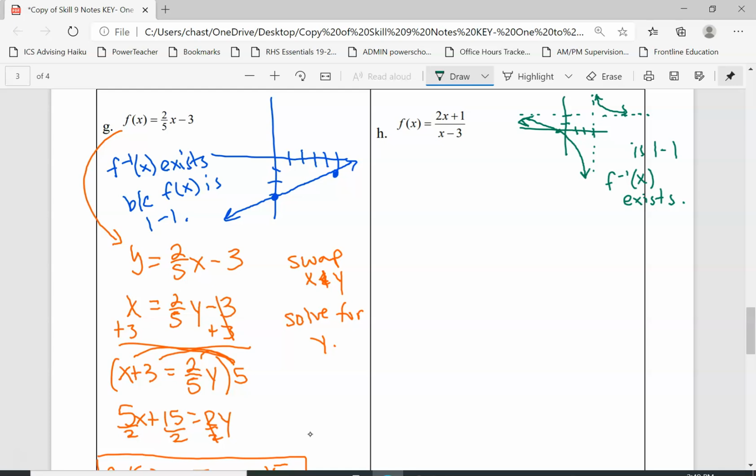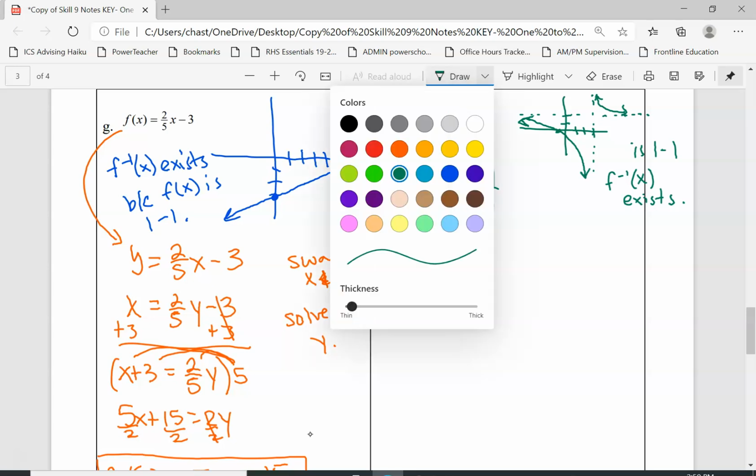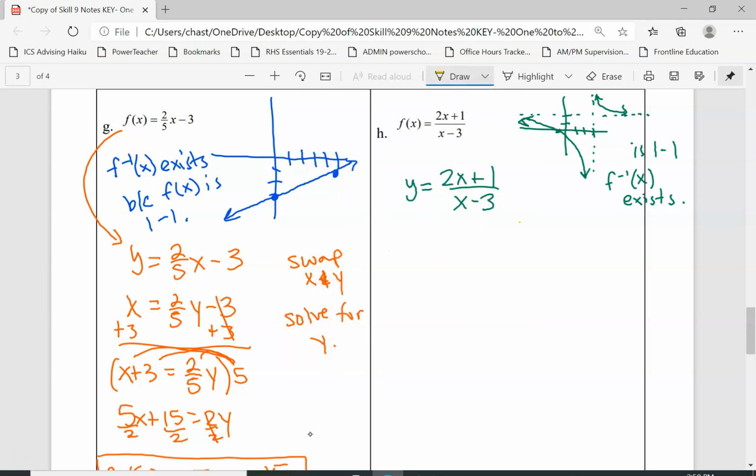Of course, I know you probably don't know the graph for that, but that's okay. What we're going to do is find its inverse. So knowing that this inverse will exist, we are going to rewrite this in y equals notation. And then we're going to swap the x and y. I'll write the steps out.